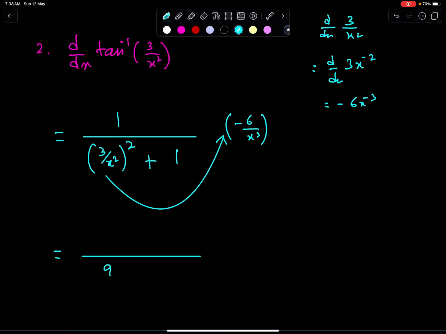In denominator we have 9 upon x power 4 plus 1. Here we have minus 6 upon x cube.